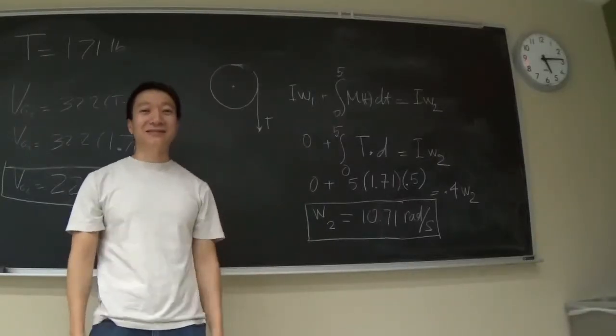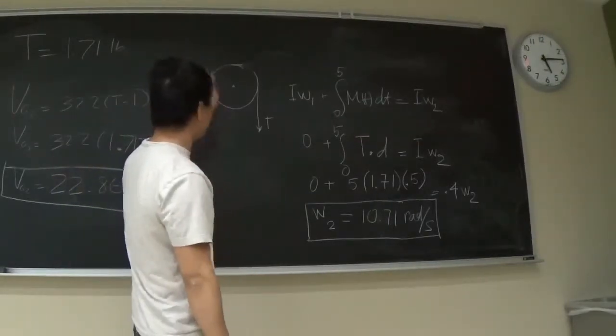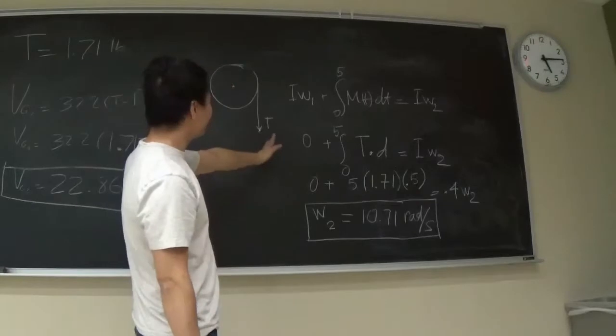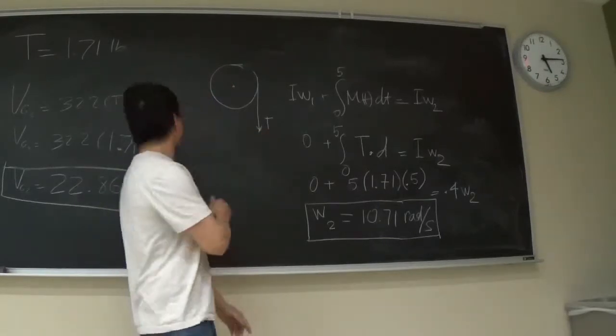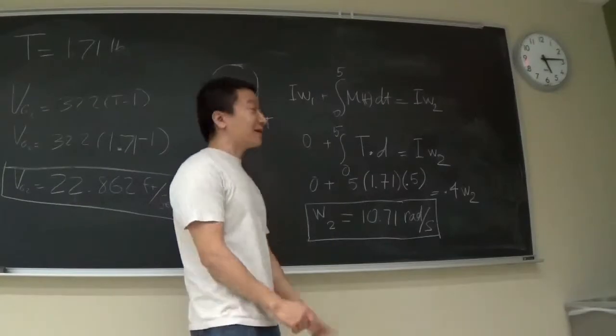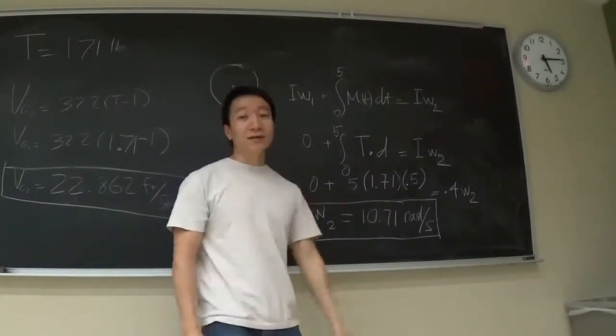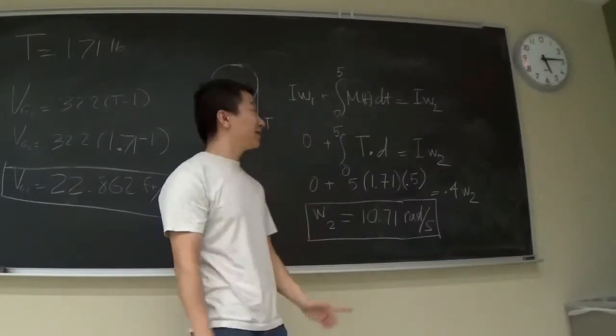I'm Trung Do. I'm going to take the last part of the problem. Look at the free body diagram. We have a pulley, and the tension T goes down, with the radius being 6 inches. Apply the angular momentum relationship.